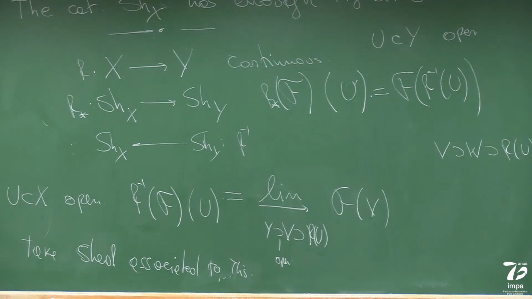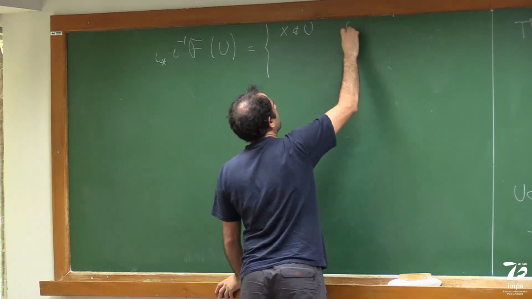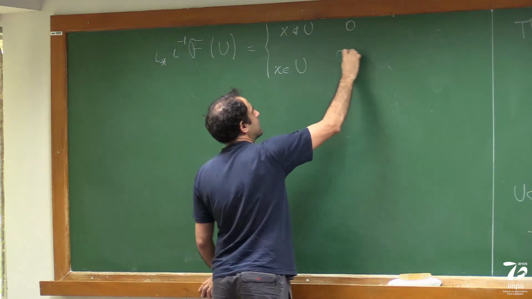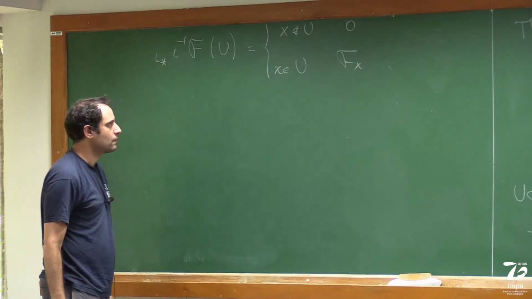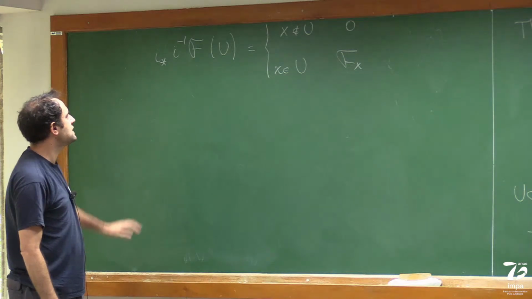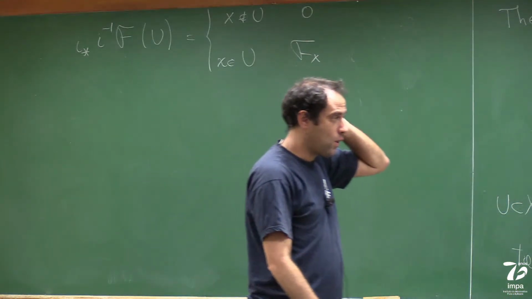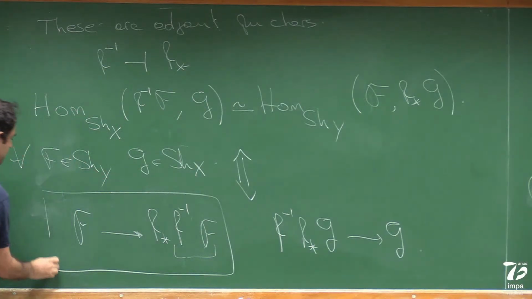And I see that if X is not in U, this is 0. And if X is in U, this is Fx. So this is a sheaf on Y. And we see that we have a map of sheaves from F to that sheaf.